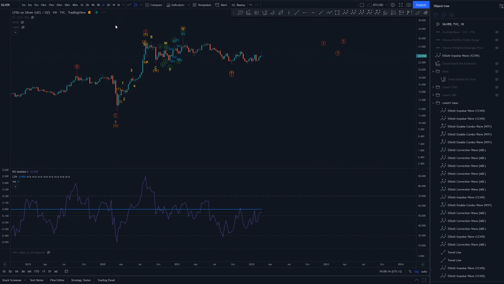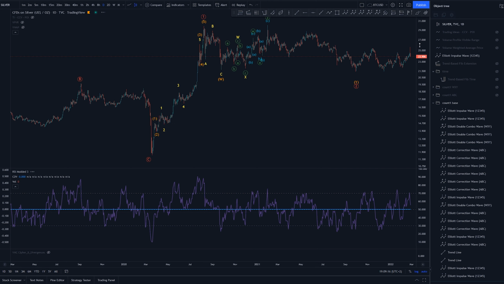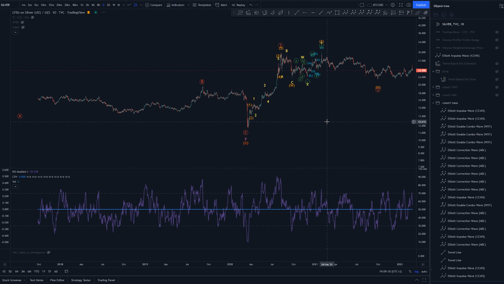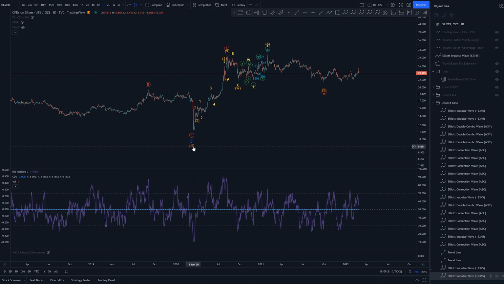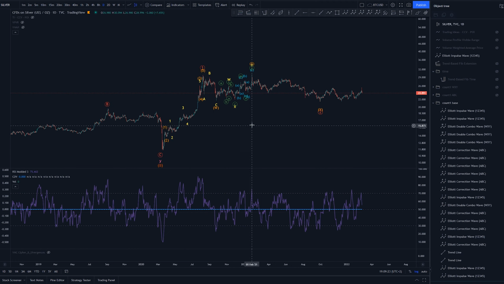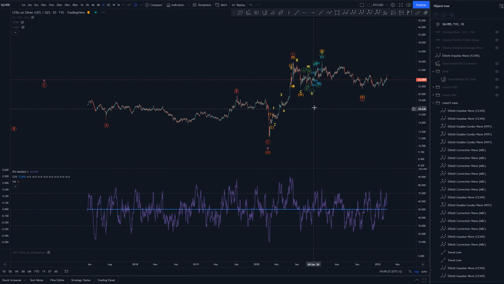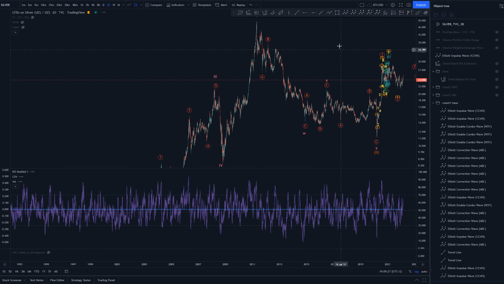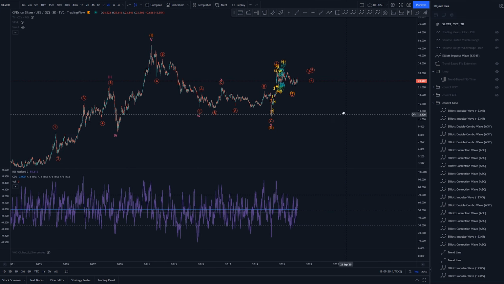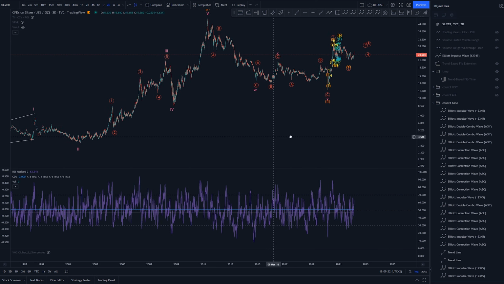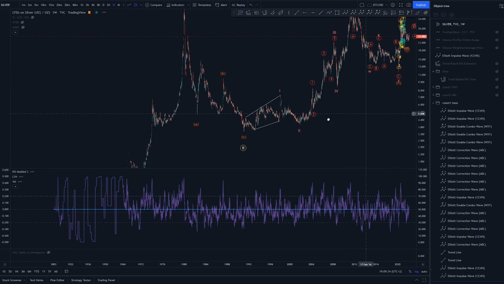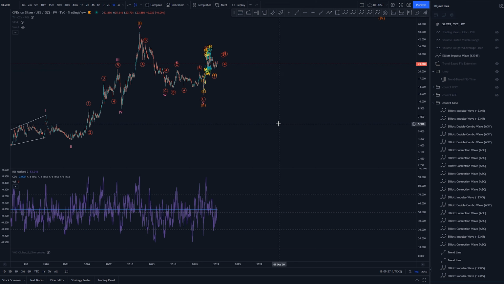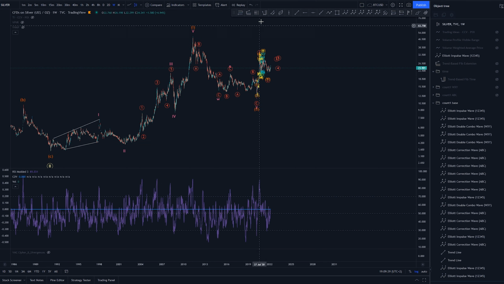Now we get into the more interesting parts of the count that I labeled. So this was the Supercycle 2, and I had this marked as 1. Why? Let's check, because looking at the previous price, we rose about 100%.